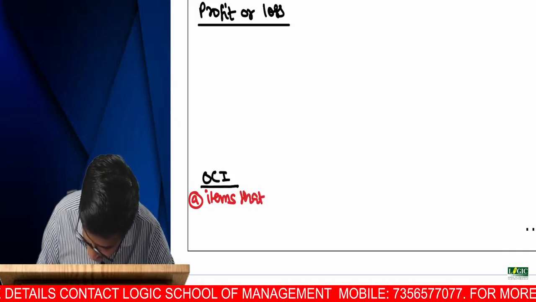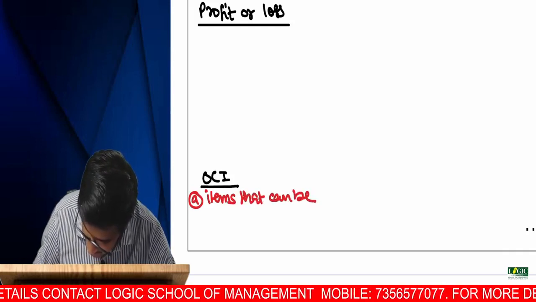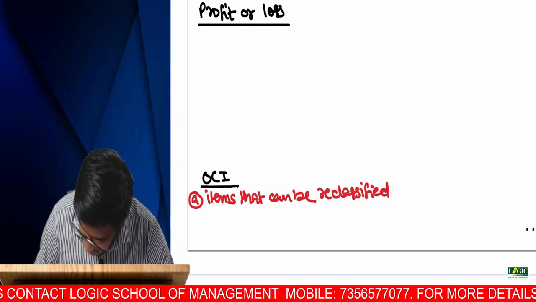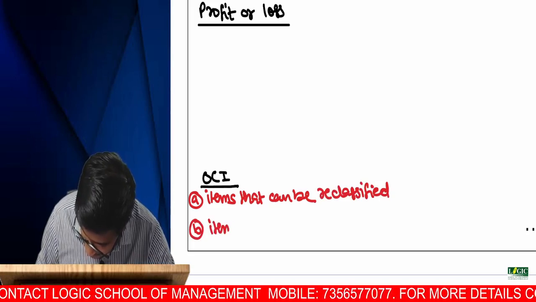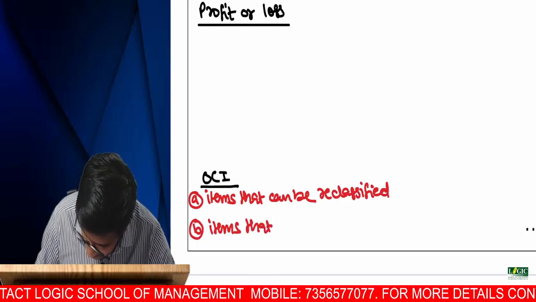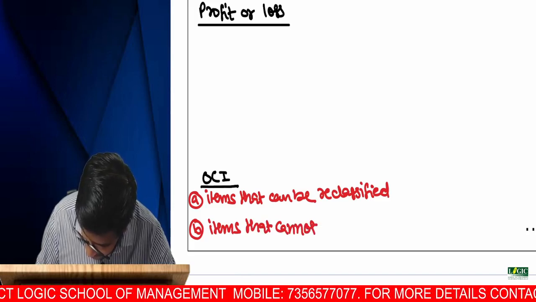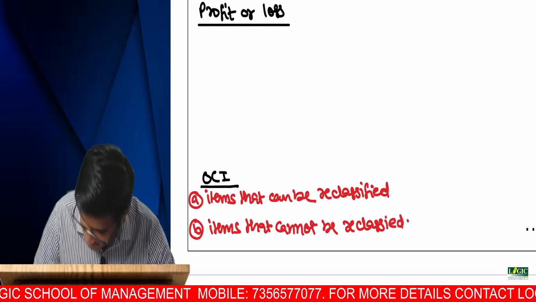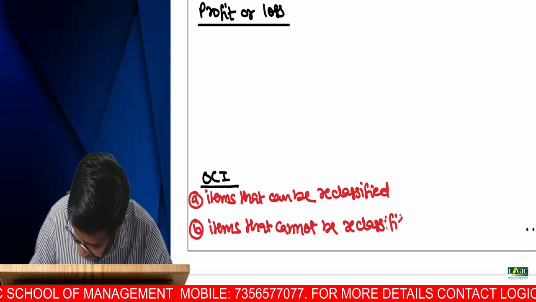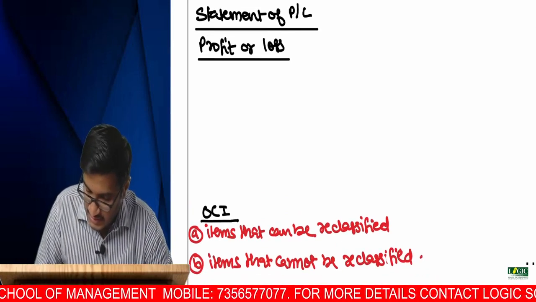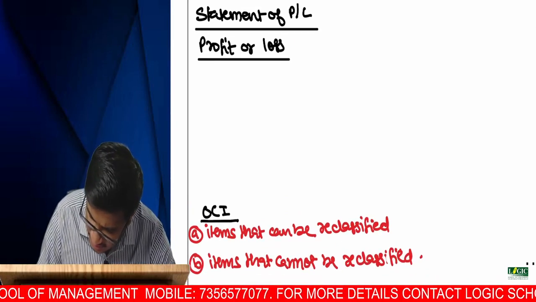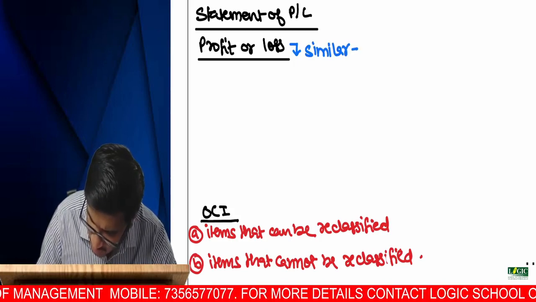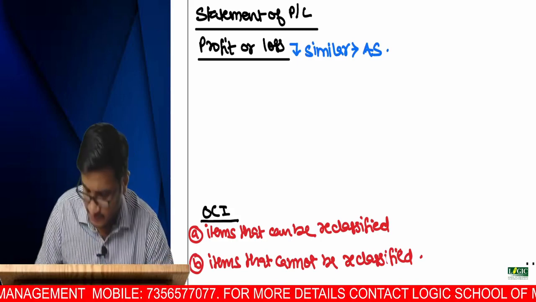Items that can be reclassified, items that cannot be reclassified. Statement of P and L, it is similar to what we have seen in accounting standard itself, isn't it?